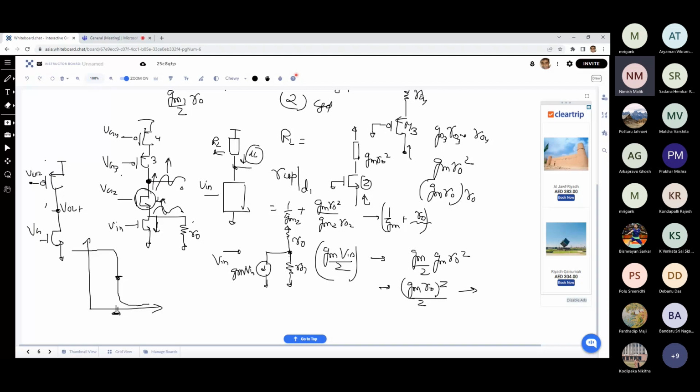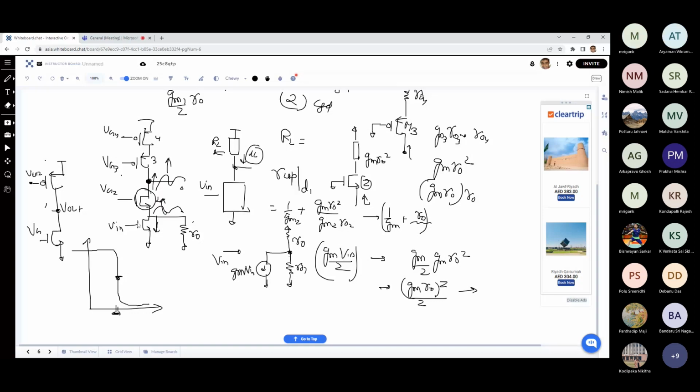Some of these concepts we have to quickly find out. Here the gain from Vn to the drain is going to be substantial. It won't be just 1 by gm, it will be ro. So again we will have the bandwidth problem, I think. We have already seen that answer.